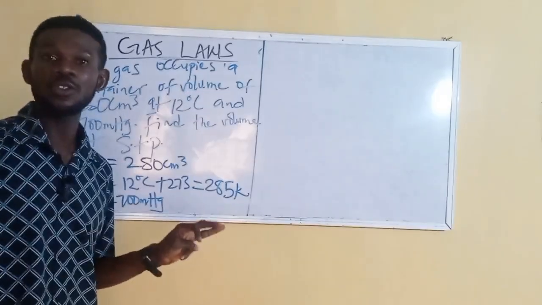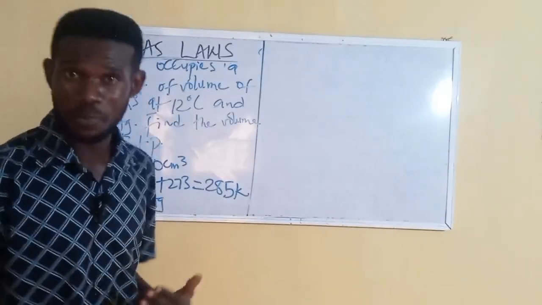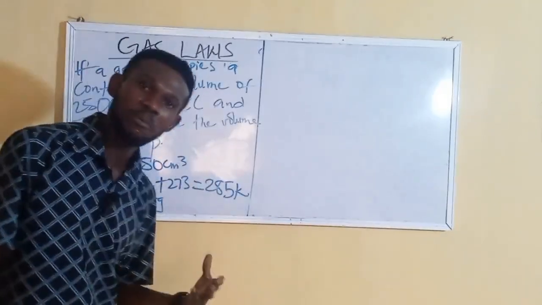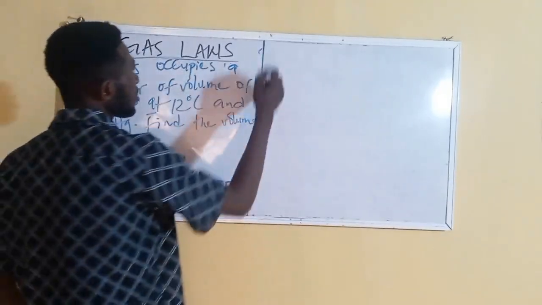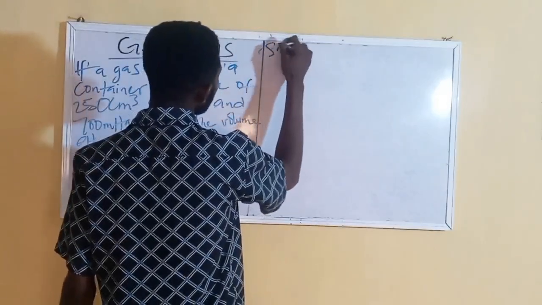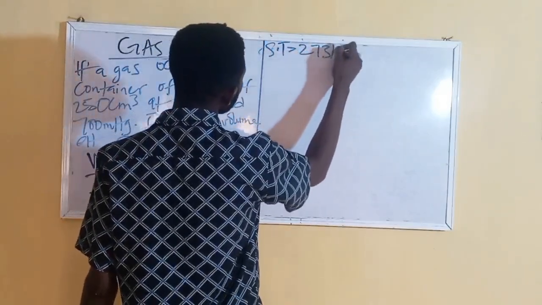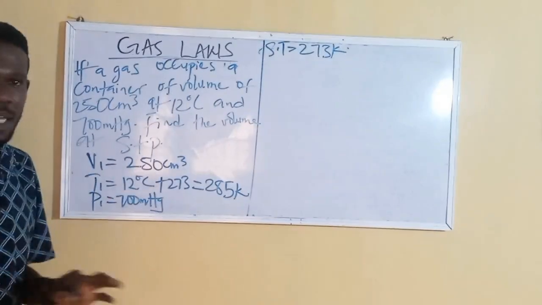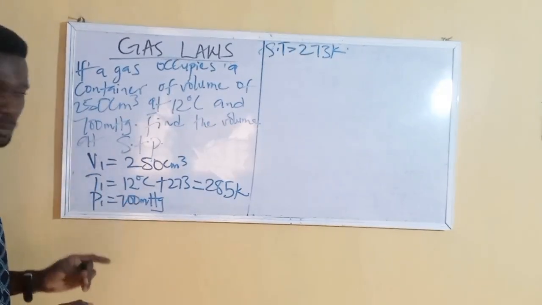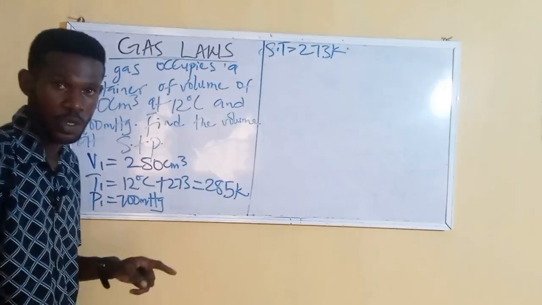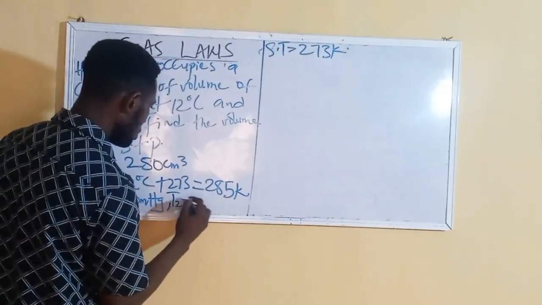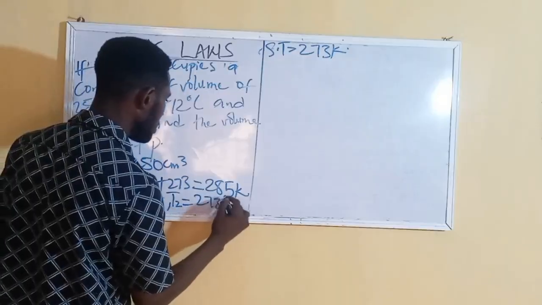First thing is, what is your STP? Your STP is your standard temperature and pressure. Now remember, your standard temperature is given as 273 Kelvin. So this means that your T2 in this case, which becomes your new temperature, is 273 Kelvin.